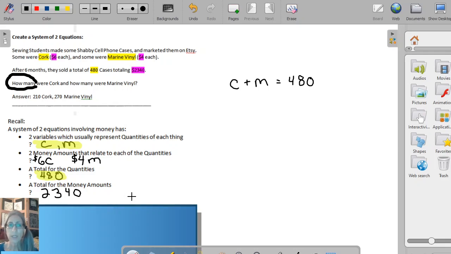Well, yes, we can, because $6 times each cork that was sold plus $4 times each marine vinyl that was sold equals $2,340.